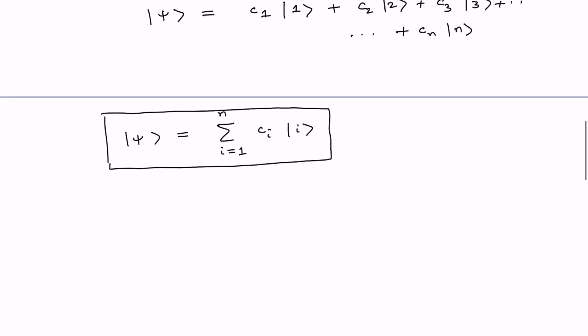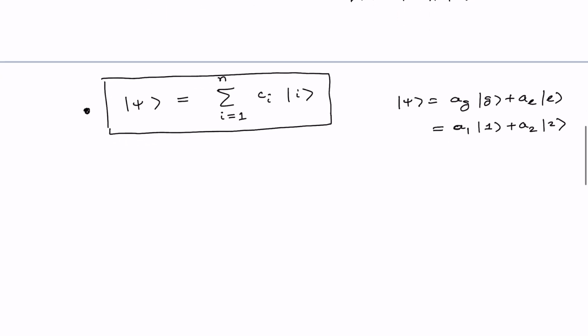In fact, just to remind you, for the two-dimensional case, I have written ket psi as Az ket z plus Ae ket e, or I can even use this notation, say A1 ket 1 plus A2 ket 2. This is for two dimensions. Now in this expression here, I am writing it for an n-dimensional system.